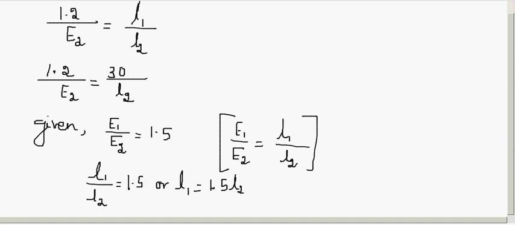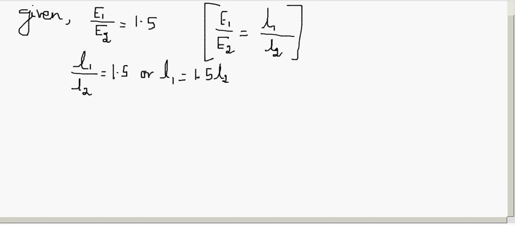Because we know the value of L1, we can say 30 is equal to 1.5 L2, or L2 is 30 divided by 1.5, which is equal to 20.